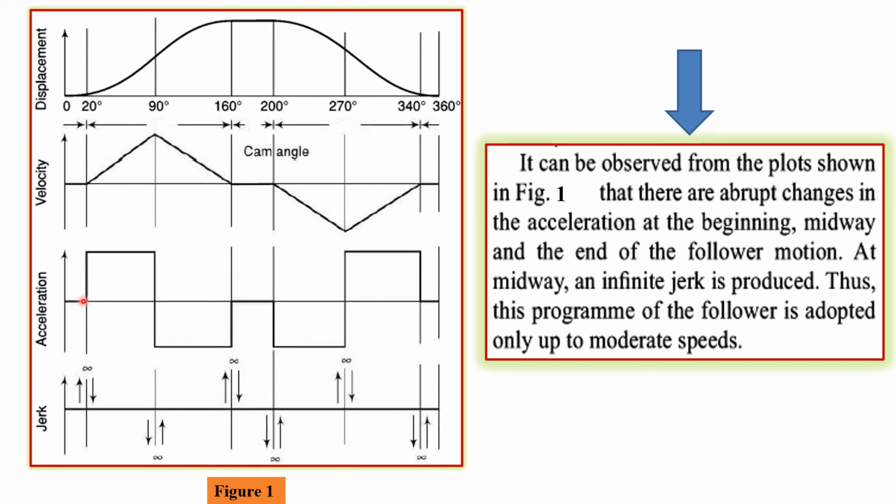So when we look at the acceleration plot at this particular point, all of a sudden the follower acquires a certain velocity. So the acceleration has got a finite value. It jumps from a zero value to a finite value within no time frame, and thereafter it remains constant. So ultimately the follower is getting accelerated uniformly. Then as soon as the follower is at half of its total lift, it changes its sign.